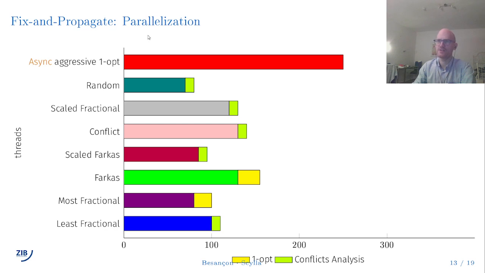So in that case, aggressive one-opt is, so we run a one-opt version where every time we try to flip the sign, we also run fix and propagate to take that into account for the other variables, to be sure to have the most feasible possible one-opt that we can. So this was definitely finding way more solutions. And then the others, these are different diving strategies that we can use. And so some of them were more successful than others. Fractional diving, for example, was a fairly successful one.